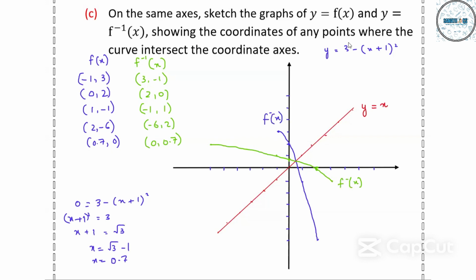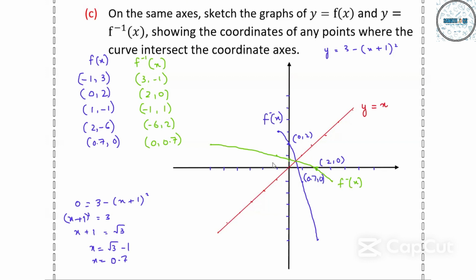Now we have to show the coordinates of any points where the curves intersect the coordinate axes. So this is the point which is 0, 2. This is 2, 0. This point is 0.7, 0.